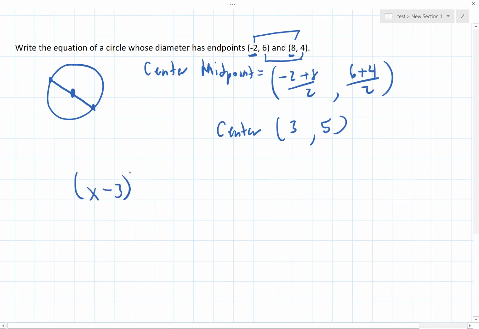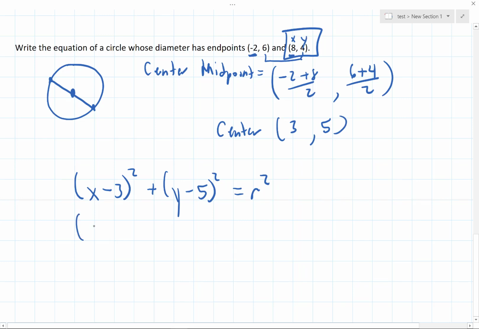So we can start to write our equation now just like we did before. We know x minus 3 squared plus y minus 5 squared equals our radius squared. And then when we choose our point, you can choose your favorite point. Doesn't matter which one of these you choose. I want to choose the one with positives. I want to make 8 the x and the y the 4.